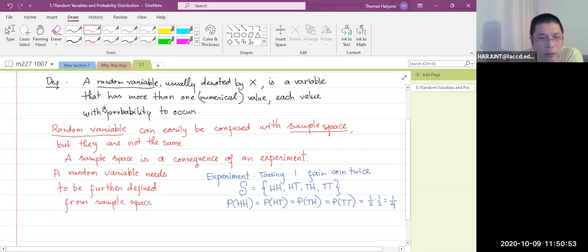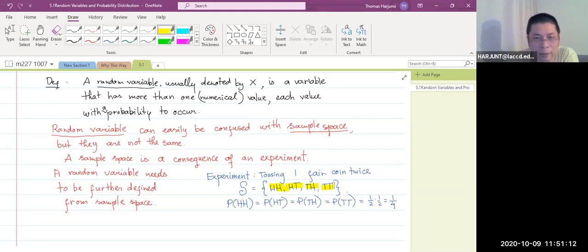And don't forget, for our level, it has to be numerical. Apparently from the example I gave you here, head head, head tail, tail head, tail tail, those are not numerical. So for sure, it's not a random variable. Yes, it is a sample space, but it's not a random variable.